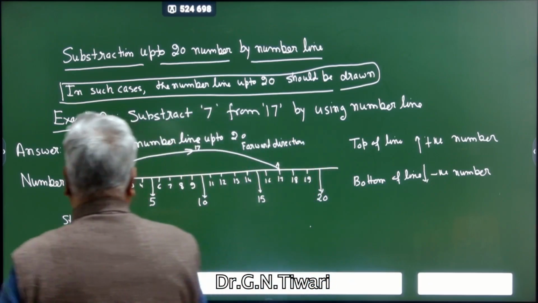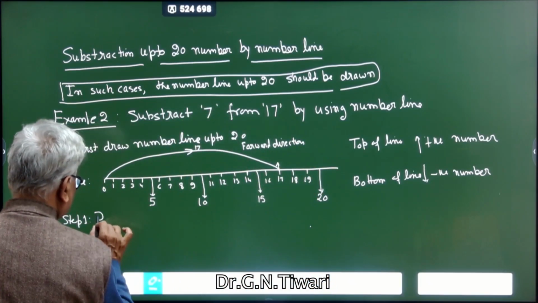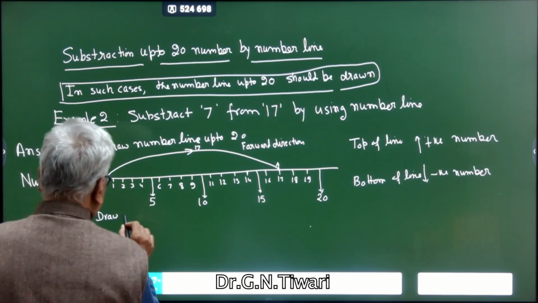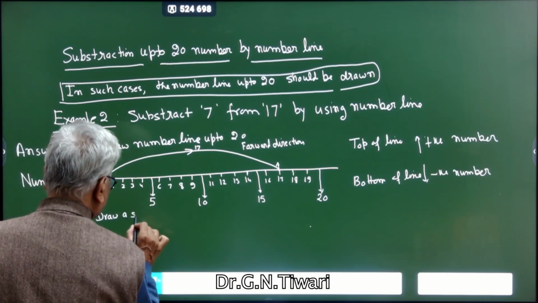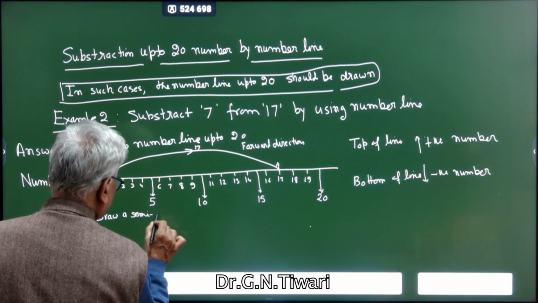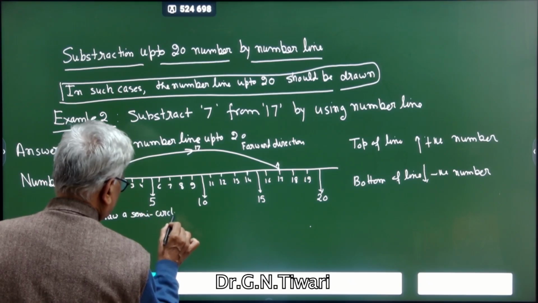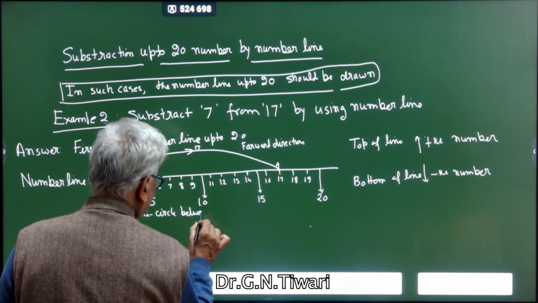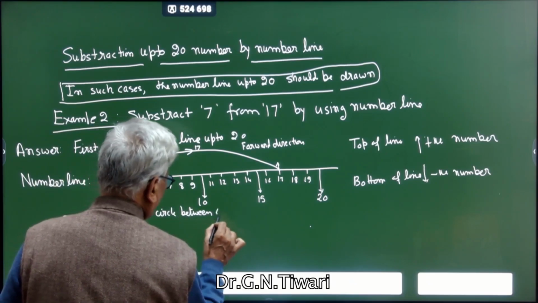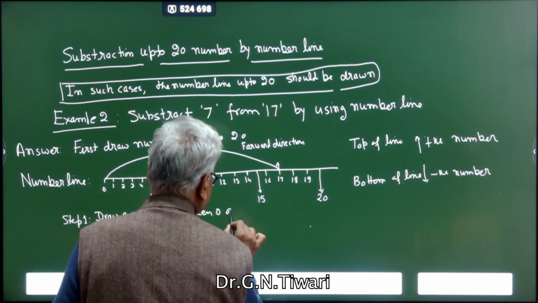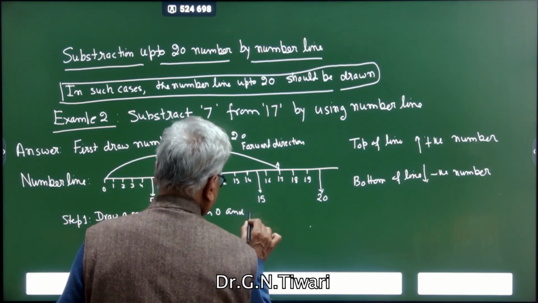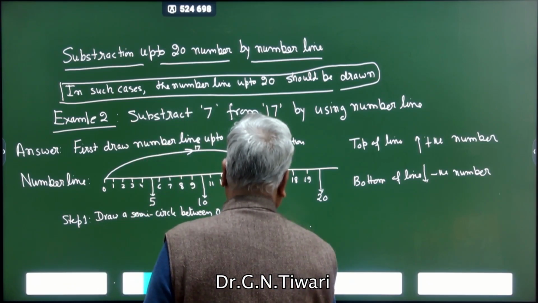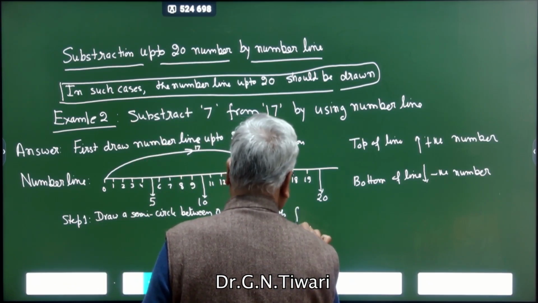So step 1 is to draw a semicircle between 0 and 17 with forward direction.